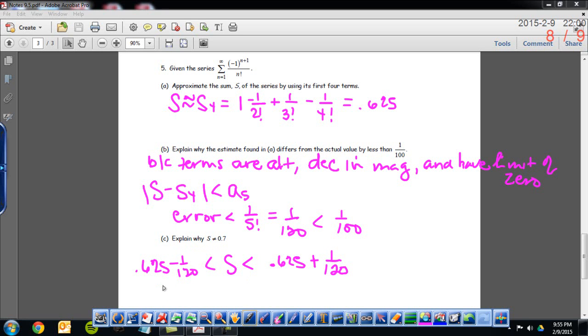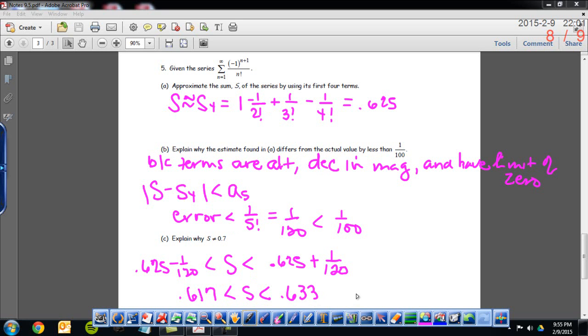So if I put these values into my calculator, 0.625 minus 1/120th is 0.617, and 0.625 plus 1/120th is 0.633. So what I've shown here is that the actual sum of this infinite series is going to fall somewhere between 0.617 and 0.633.